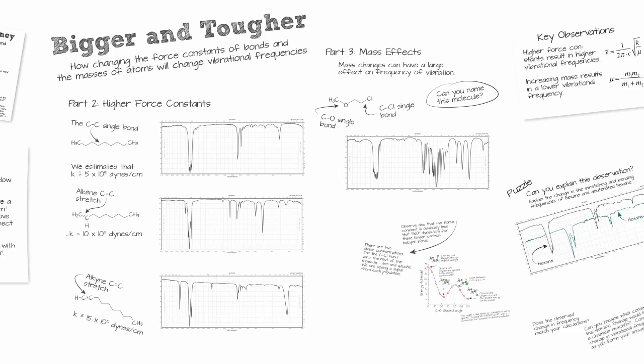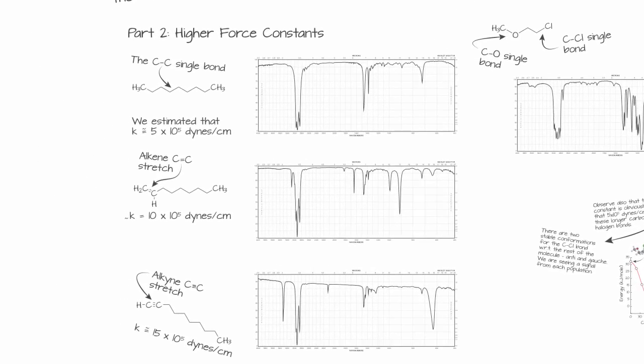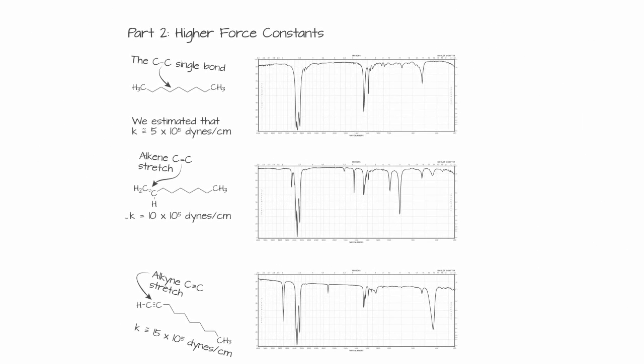Now let's talk about what happens when we change force constants. Let's take two atoms that are the same mass, like two carbons, and change the force constant between it being a single bond and double bond and a triple bond. Here we expect to see a single bond come out for a carbon-carbon bond. We can calculate that, and we expect to see it around 1200 per centimeter, but we don't see anything there. And why is that? Well, a single carbon-carbon bond's very similar at each end there.